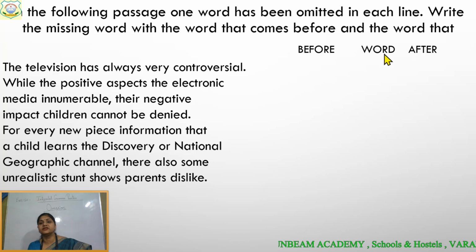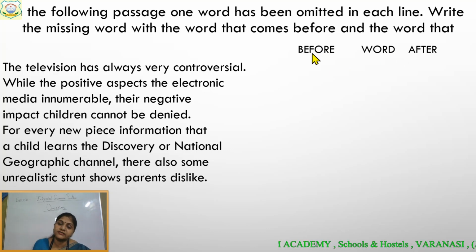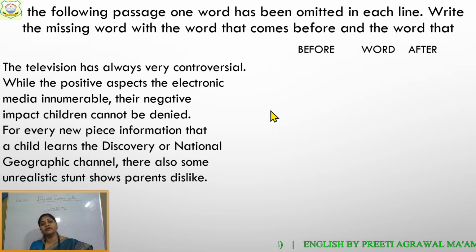And after making these 3 columns, what will you do next? What had I given you in your editing? Do you remember? After making the columns, you will write the numbers. In what way will you write the numbers?